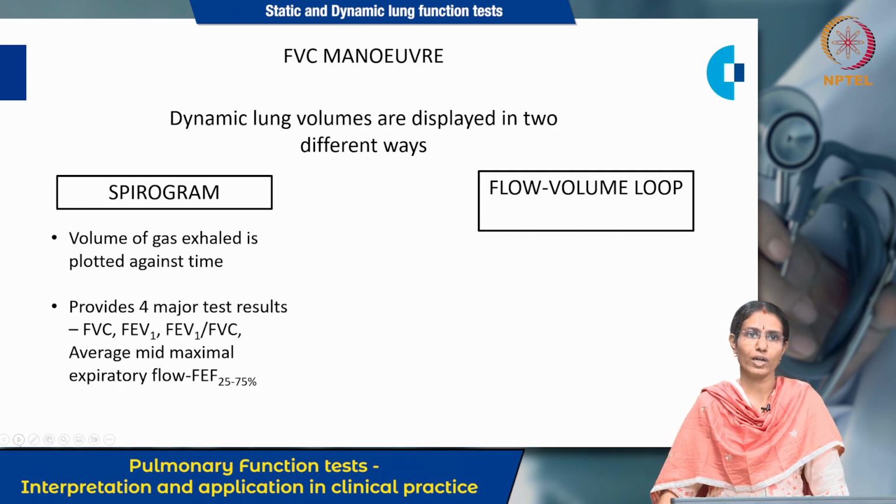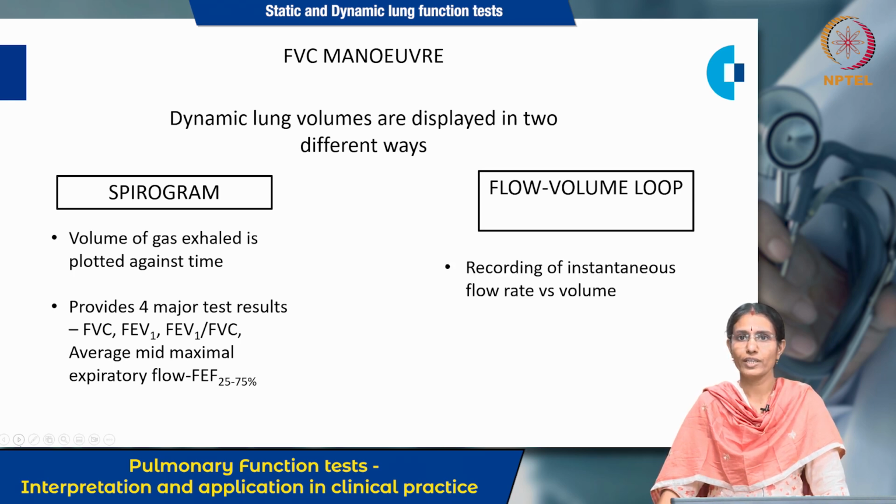That gives the spirogram, and this gives four major test results: FVC, FEV1, FEV1 by FVC and the average mid-maximal expiratory flow. Another interpretation is using a flow volume loop. Here, the instantaneous flow rate is recorded versus volume, and expiratory and inspiratory flow volume loops are obtained. So, these are two different ways in which the dynamic lung function test can be interpreted.